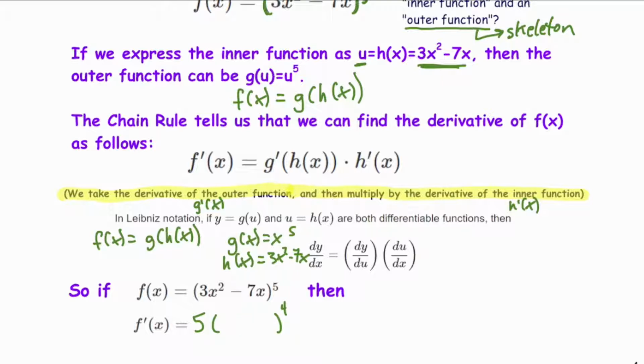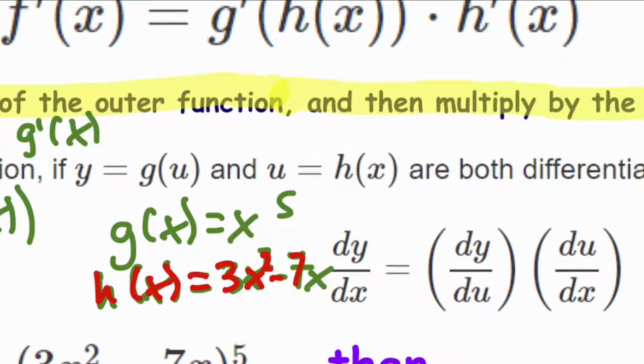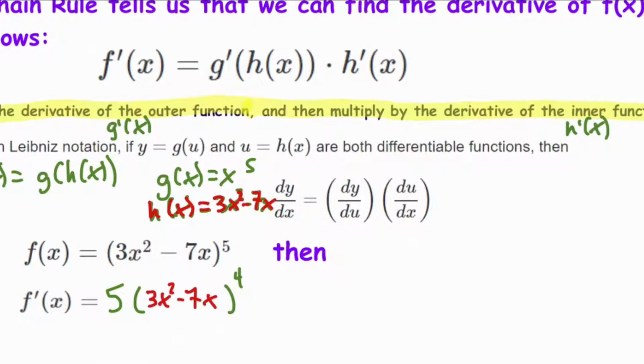So instead, we're going to write that in: 3x squared minus 7x. We should color code that all the way through. H of x equals 3x squared minus 7x, times the derivative of h of x, which is going to be 6x minus 7.